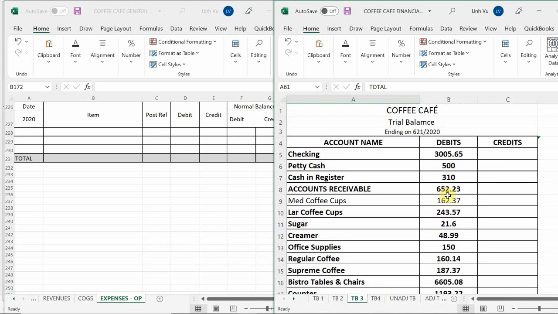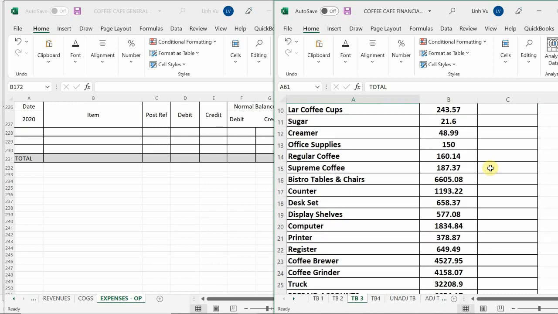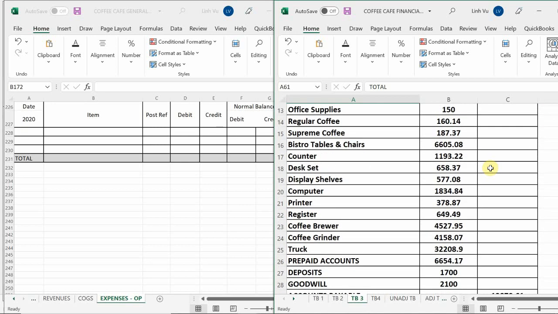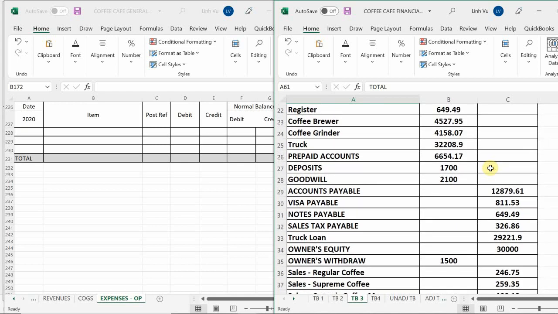Okay. So we literally have to go through every single account just in case we made a typo somewhere. There's no way to figure out which accounts had discrepancies.